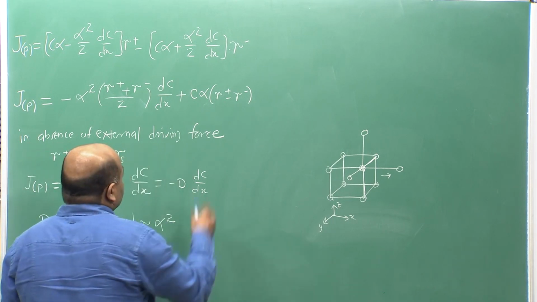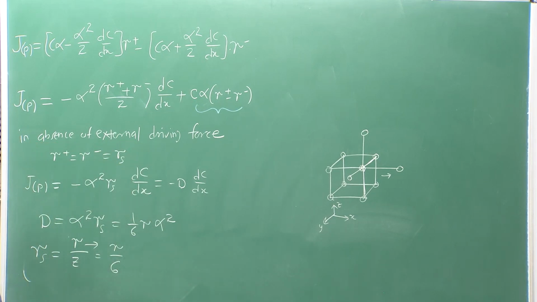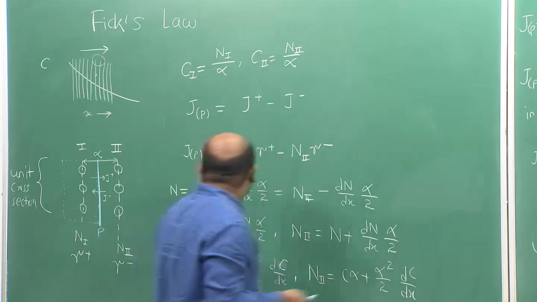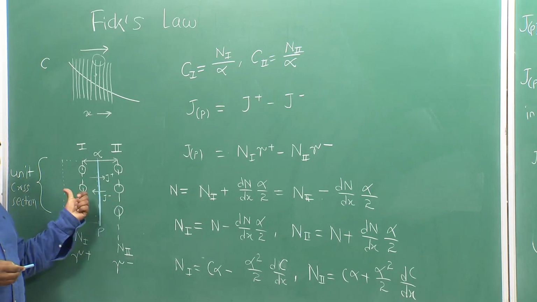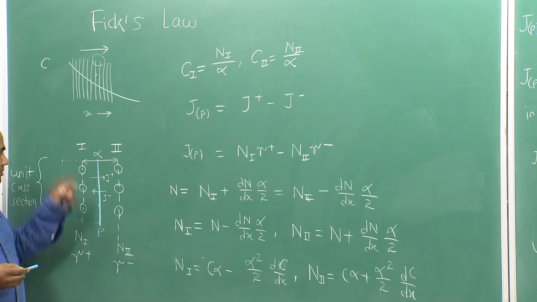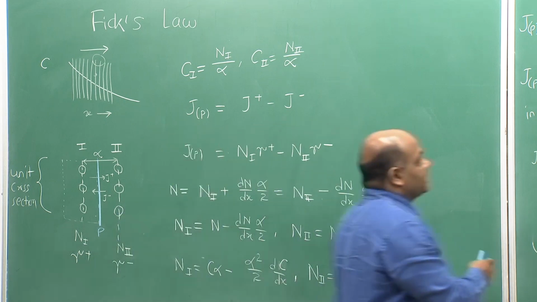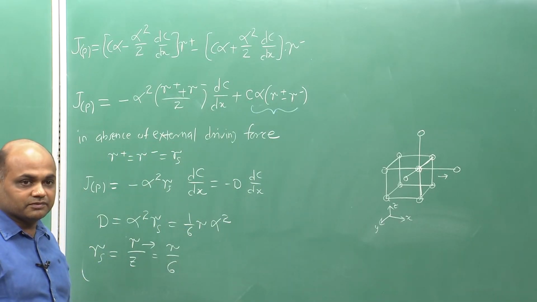Now, let us look at this second term here. Whenever there is an external driving force present, then the jump frequency in plus x direction will not be same as that in minus x direction, right, depending upon the gradient of the external field. That means, this term will not vanish, it will have some non-zero value.